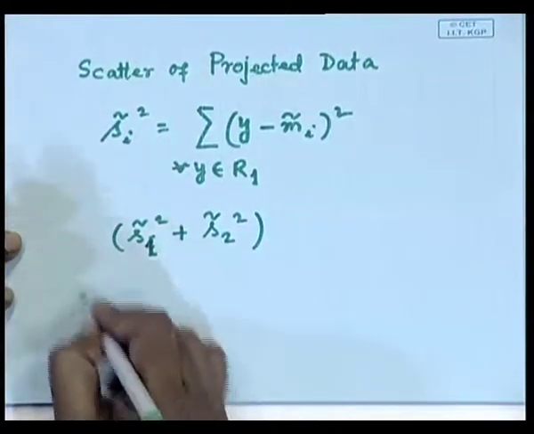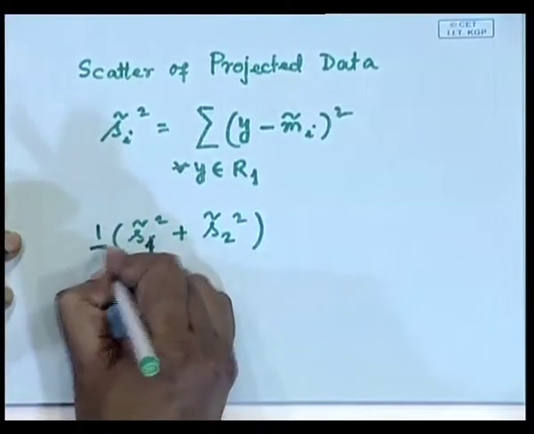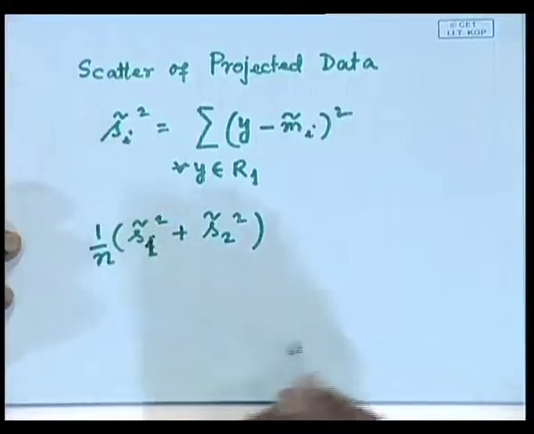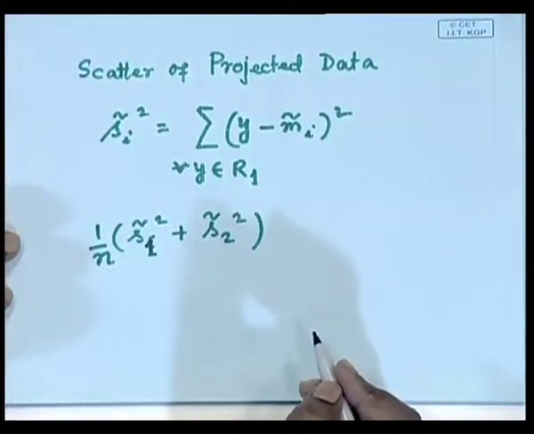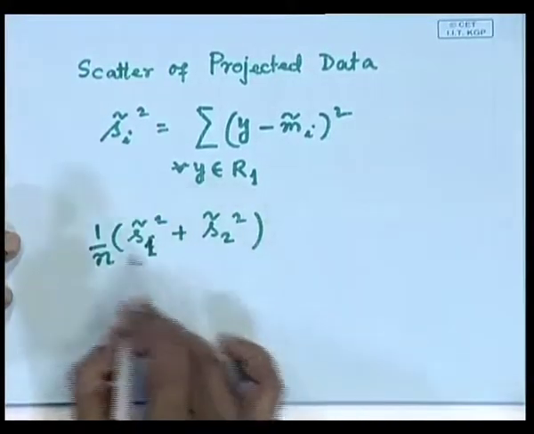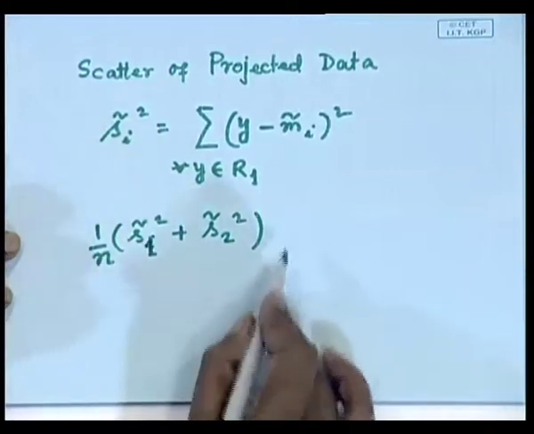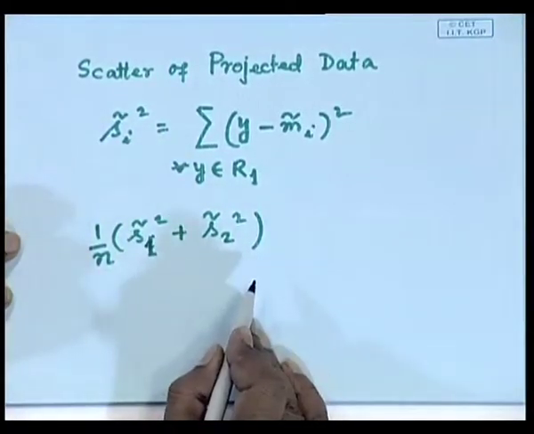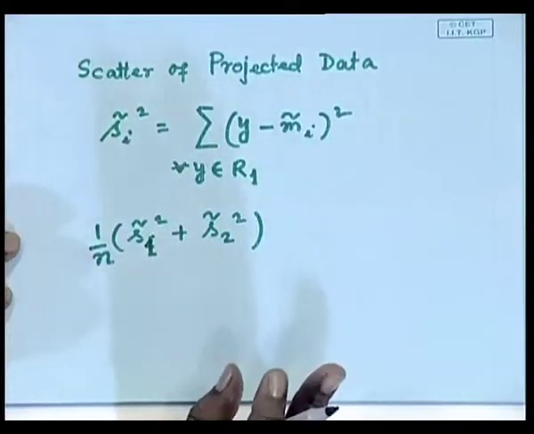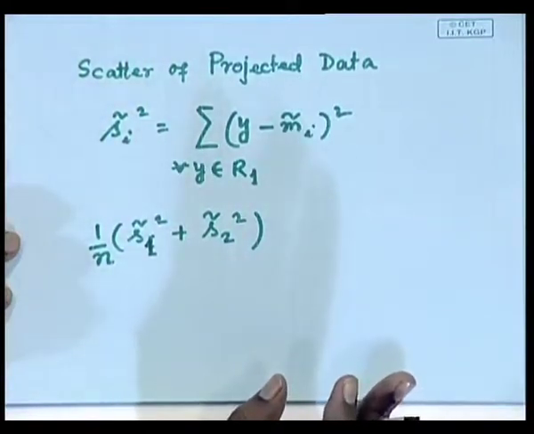Okay. Let us normalize this by the number of samples that I have, which is equal to n. So, this tells you the total within class scatter of the projected samples, right. And as I said, I want the separation between the two classes, or the distance between two means, to be relative to this total scatter, right.